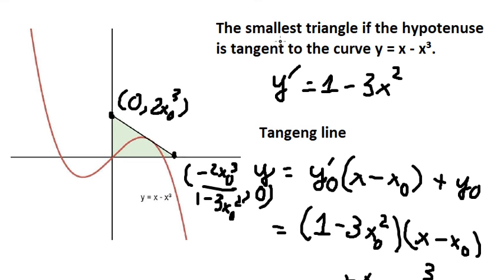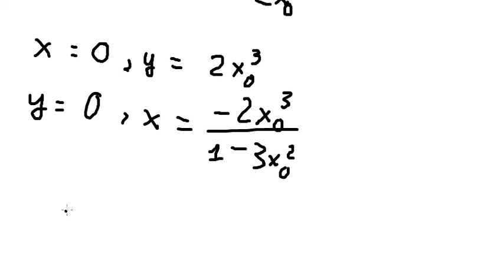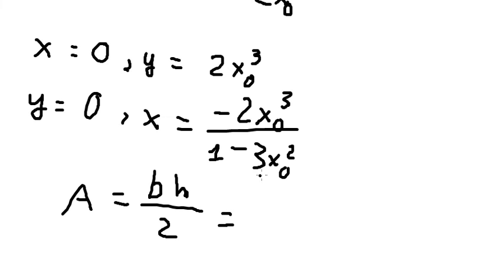So we want to find the smallest triangle. So we have the height and the base. So the length of the height is this one. The length of the base is this one. So we just multiply two values in here.